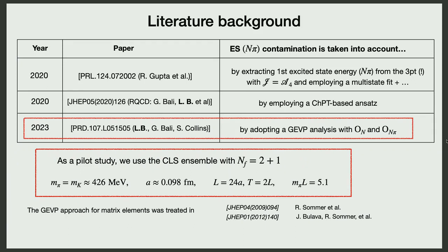As a pilot study, we use this ensemble with these characteristics here, where we observe some N-pi contamination. It is quite coarse, but that's why it's a pilot study. We are starting the analysis of a more physical ensemble. But this is the starting point.